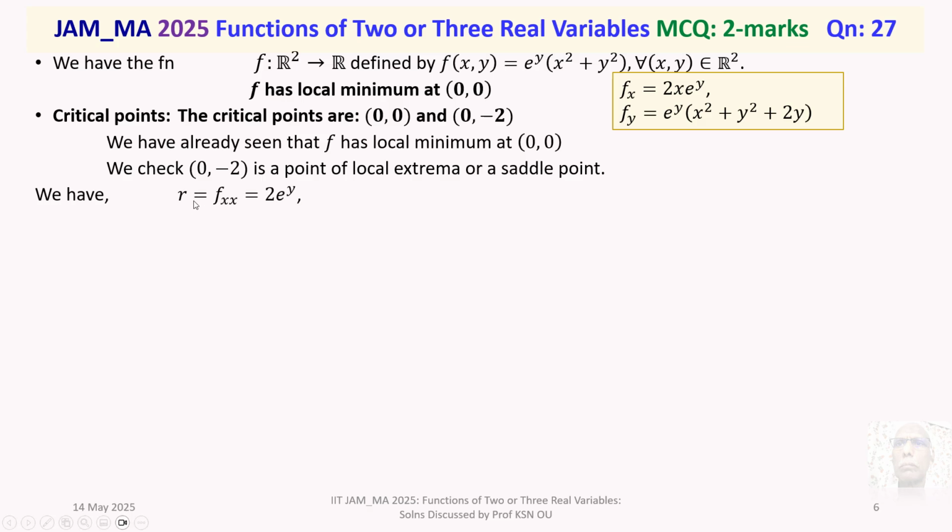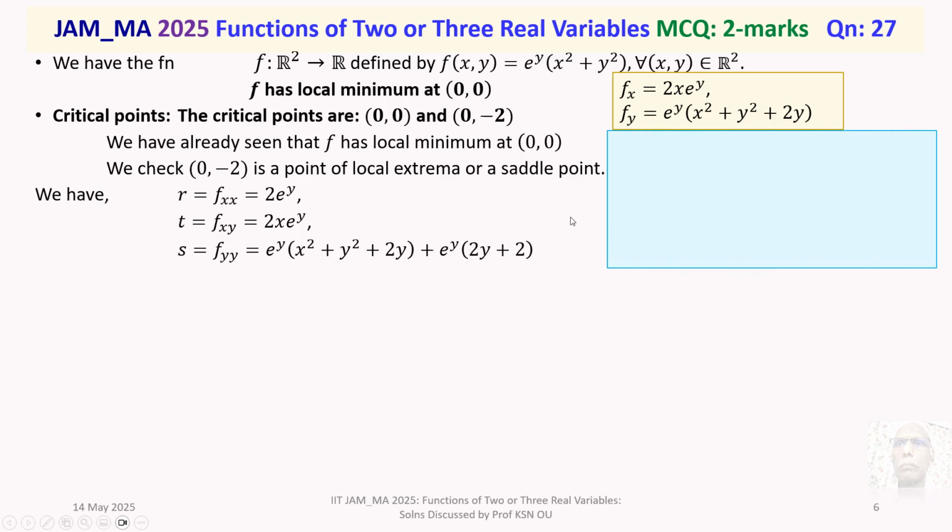So r is equal to fxx, that is del square f by del x square, 2 e power y. s is fxy, 2x into e power y. t is fyy. So fx is here, fy is here, and for fyy you take fy and differentiate partially with respect to y. So you get this one.